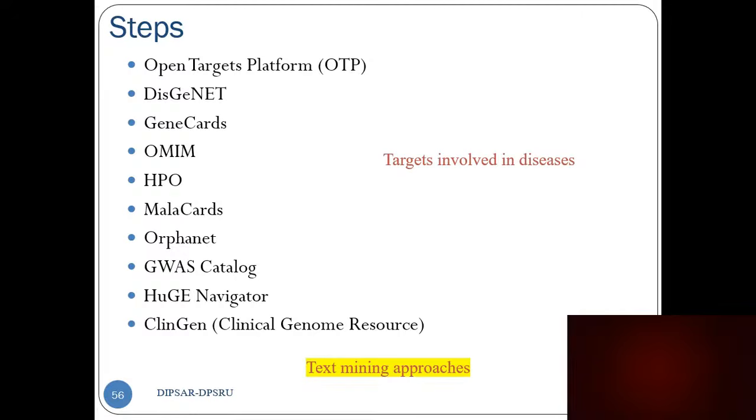So you put all these targets in one sheet from all these databases, identify the duplicates using Excel, and remove them. Then after removal of duplicates, that file will become the comprehensive file for the first step. Are you getting my point?